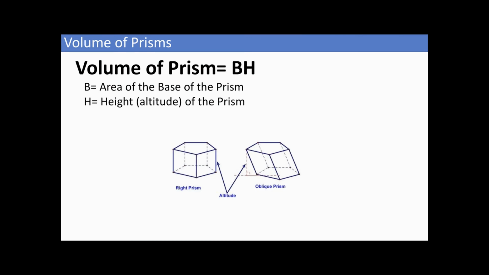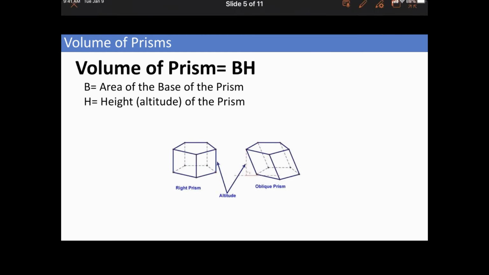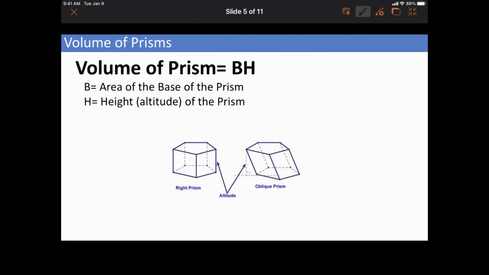All right, so the volume of the prism is base times height. Now note that it's capital B and capital H, as opposed to lowercase b and h. So this, again, will change according to the type of prism.